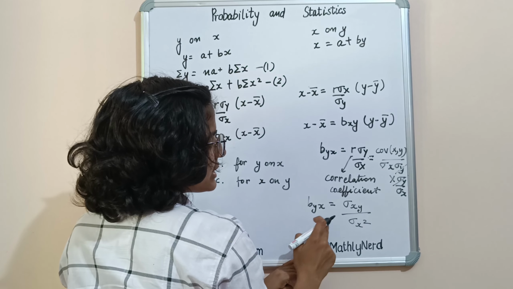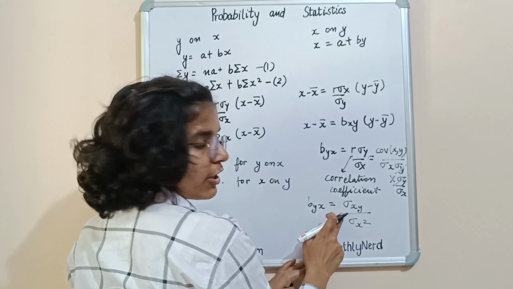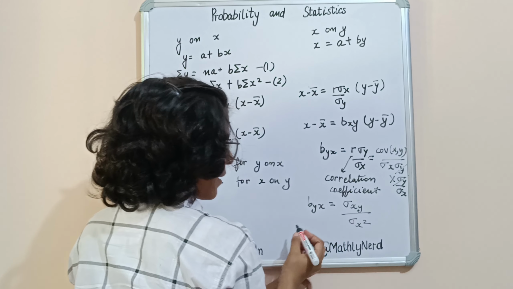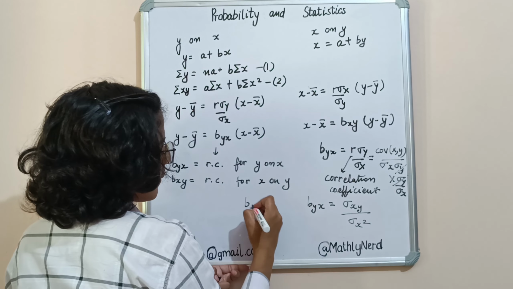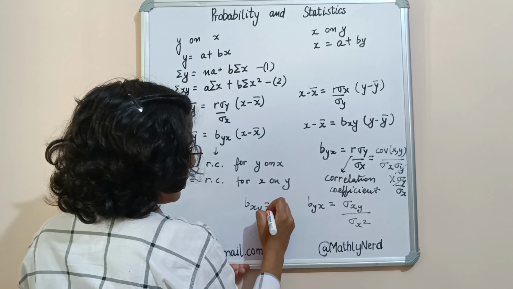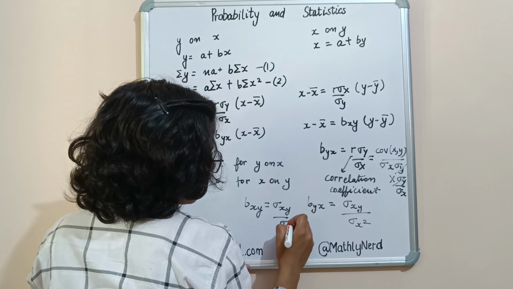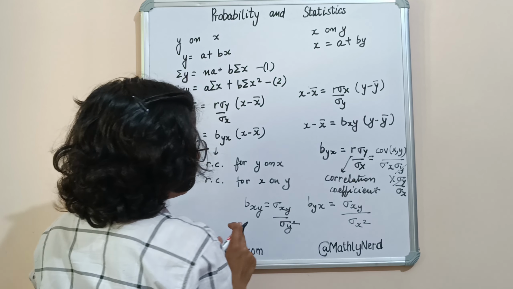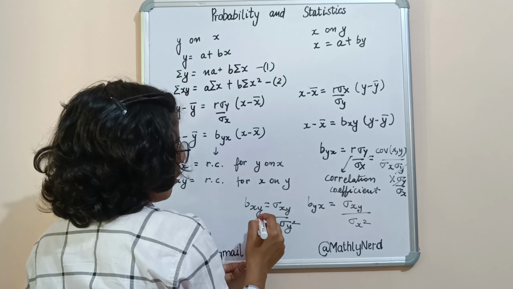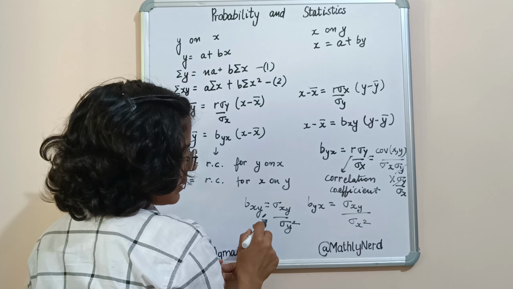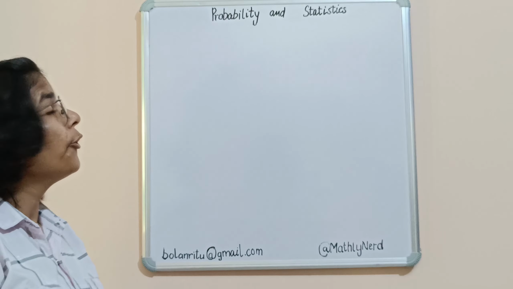So byx equals covariance of xy by sigma x square. And similarly, bxy equals covariance of xy by sigma y square. You can note one thing: if y is in the second place, y will be in the denominator.